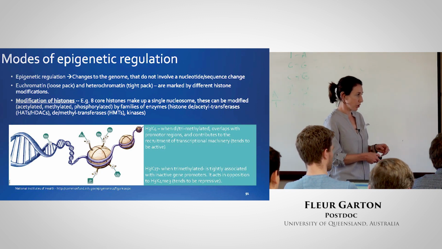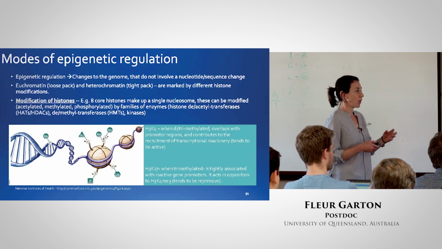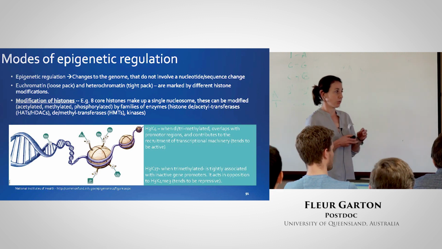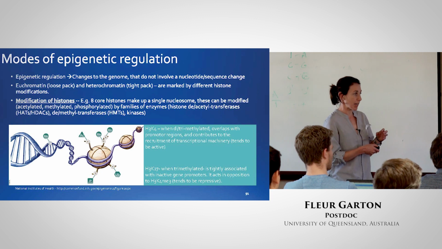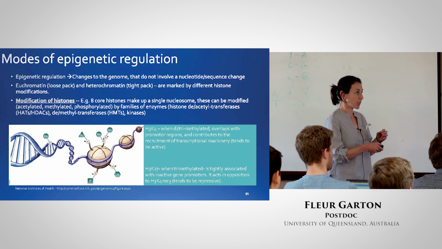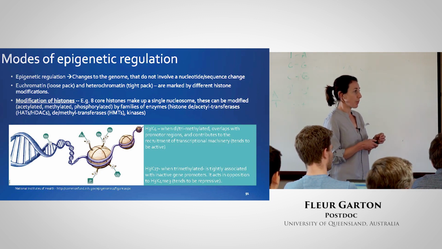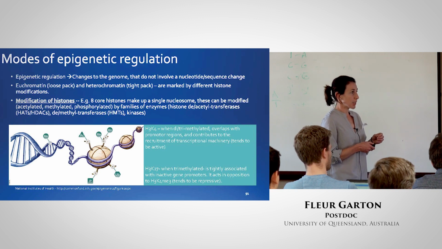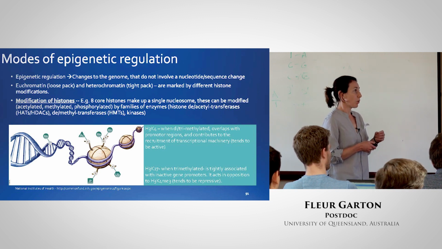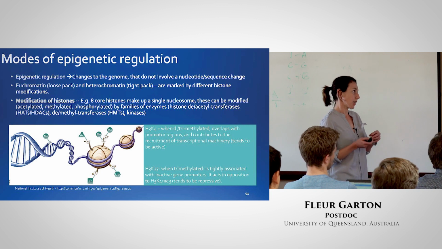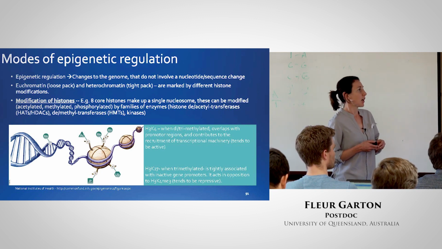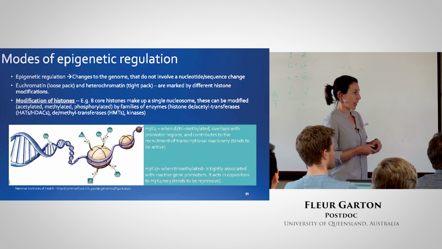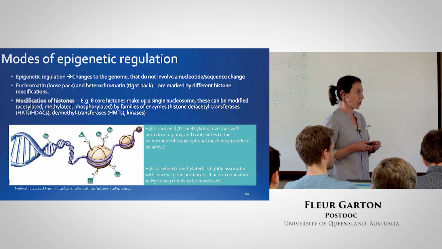This is a picture of a nucleosome. A nucleosome is eight histone proteins situated together, and this is what the DNA wraps around. It's protected in this sense. These histone proteins can be modified, so they can be acetylated, methylated, or phosphorylated by families of enzymes, and this can change the DNA structure.